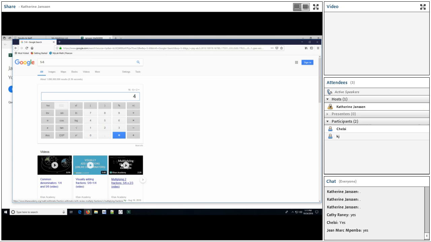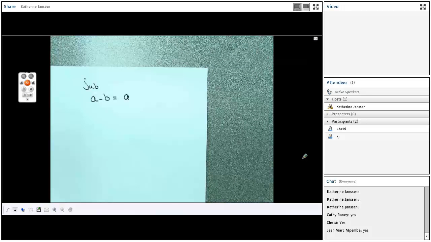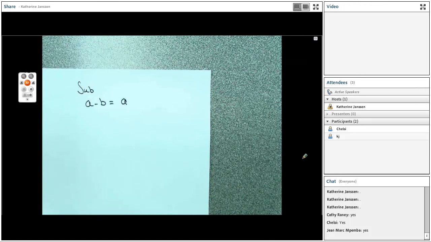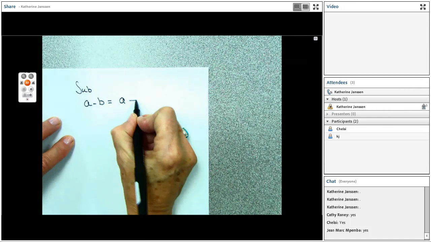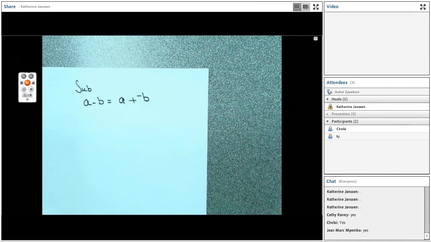Well, then we've looked at subtraction. A subtract B is equal to A plus the opposite of B. We define subtraction in terms of addition. So we change subtraction to addition and add the opposite. And now I can add two signed numbers.